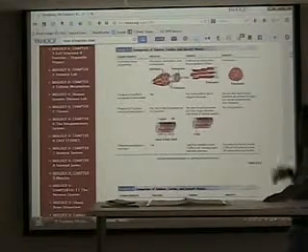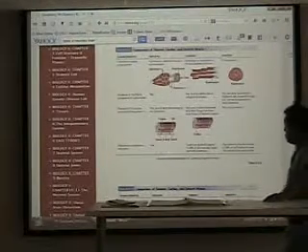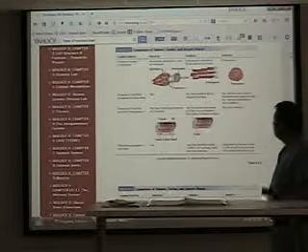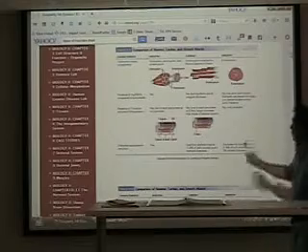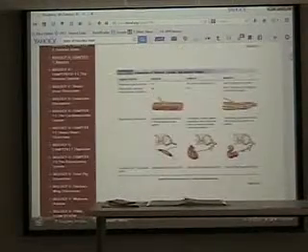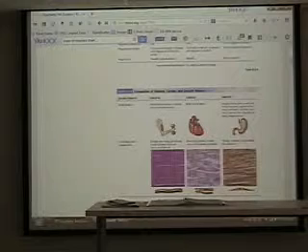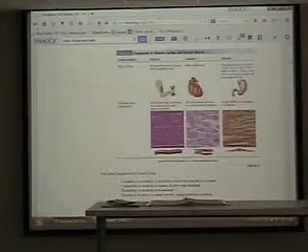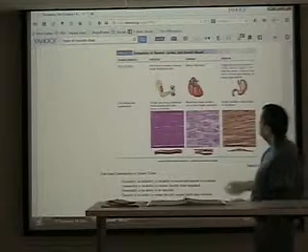So you have skeletal, cardiac, and smooth. And the first thing that you have to understand is that, let's just look at some basics first. Skeletal, of course, is attached to bone.